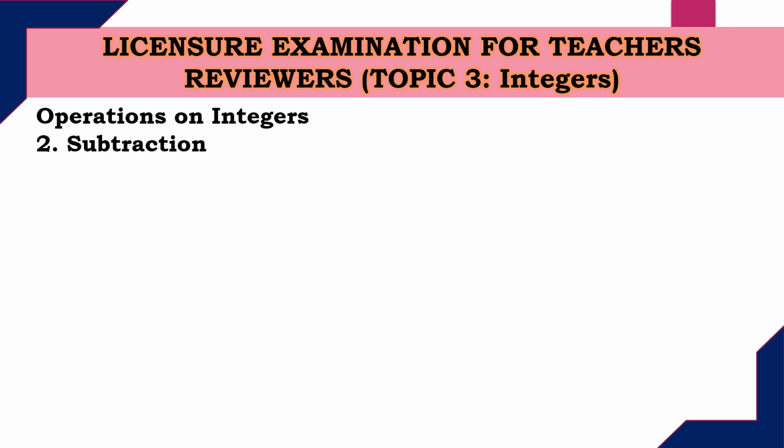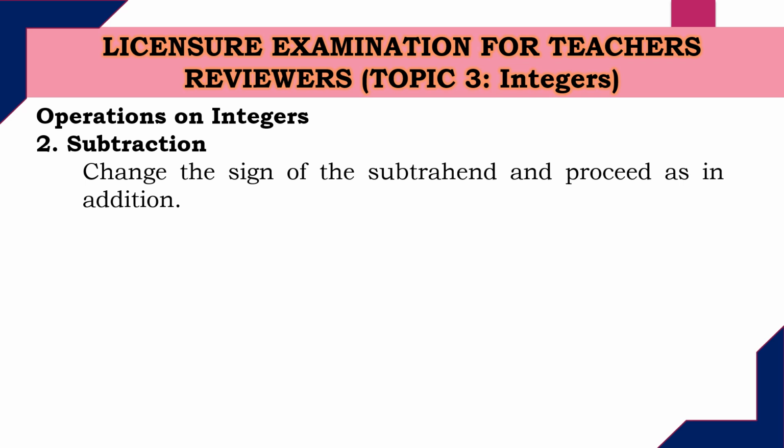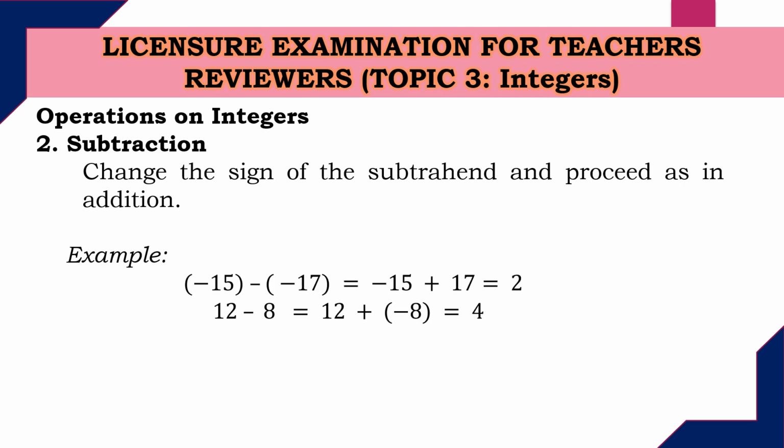Next is the rule about subtraction of integers. We will change the sign of the subtrahend and proceed as in addition. For example, negative 15 minus negative 17. So, negative 15 is called minuend and negative 17 is called subtrahend.